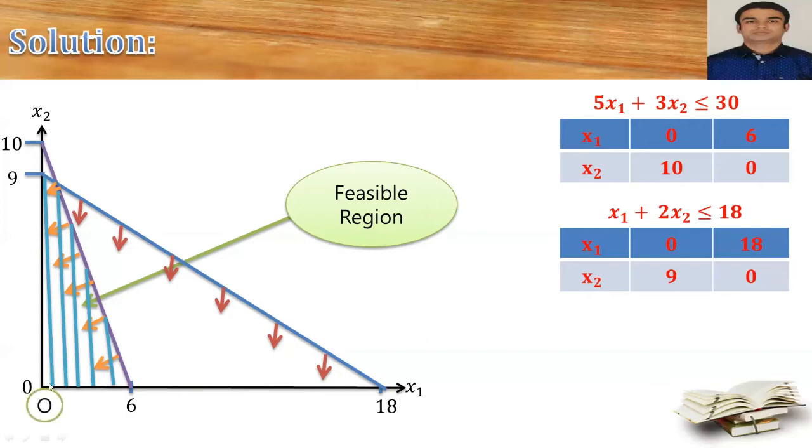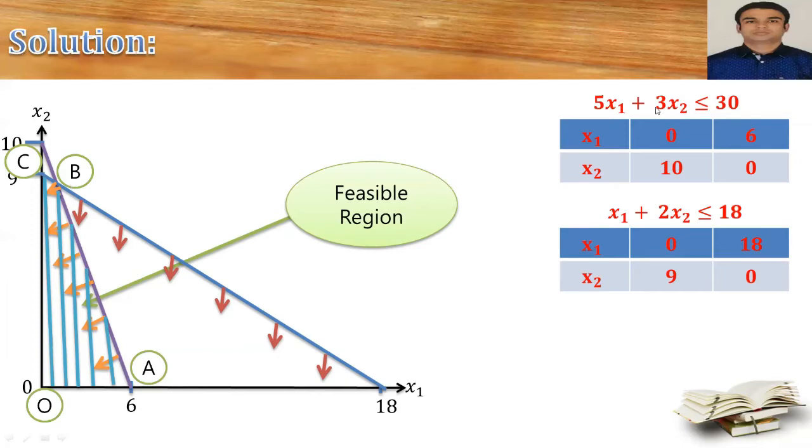Our first point is the origin O, the second corner point is A, the next corner point is B, and the next corner point is C. Point O is (0, 0), point A is (6, 0), and point C is (0, 9).